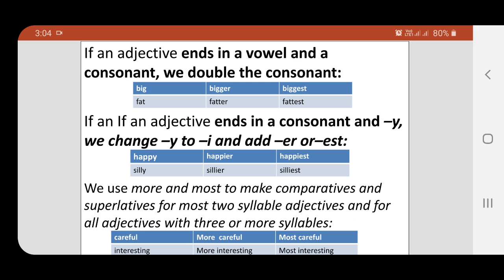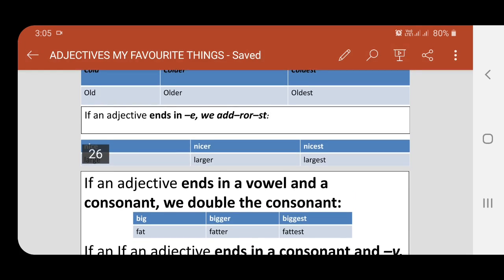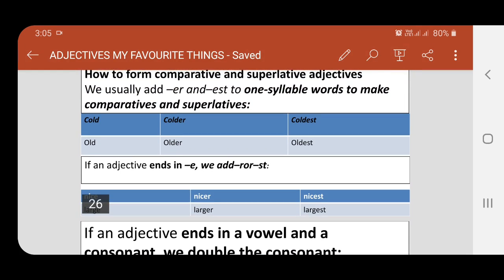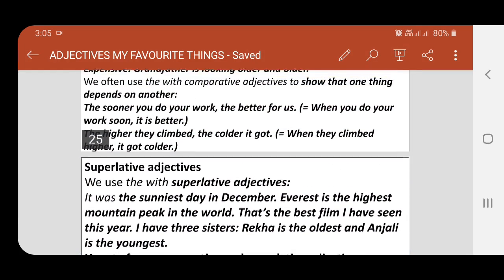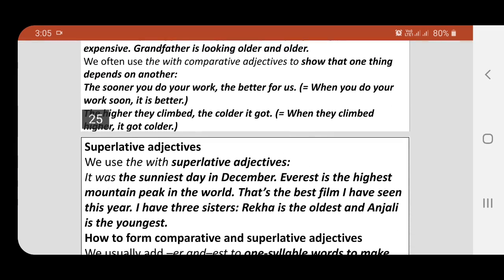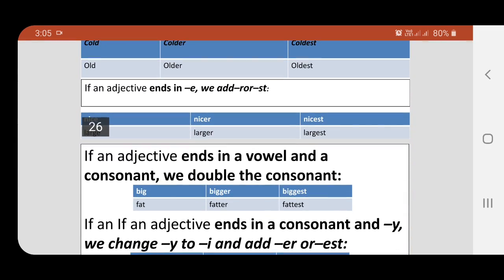Two G's: big, bigger, biggest. Fat, fatter, fattest.